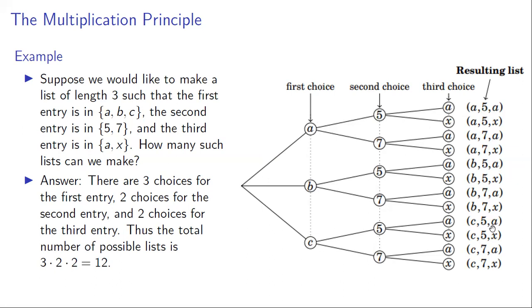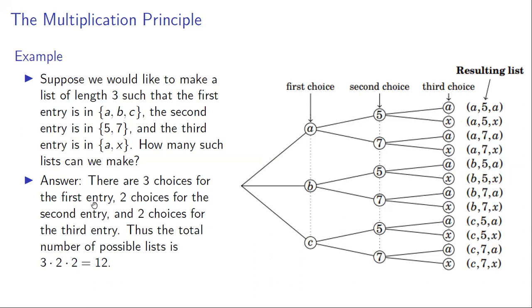And then here are all the resulting possible lists on the right side here. So this is A5A, and then we have A5X, and then we have A7A, and then A7X, and then B5A, and B5X, and so on. So if we count up all these lists, we have 12. So the answer to the question is there are 12 such lists. Okay, so here's one way you can think about it.